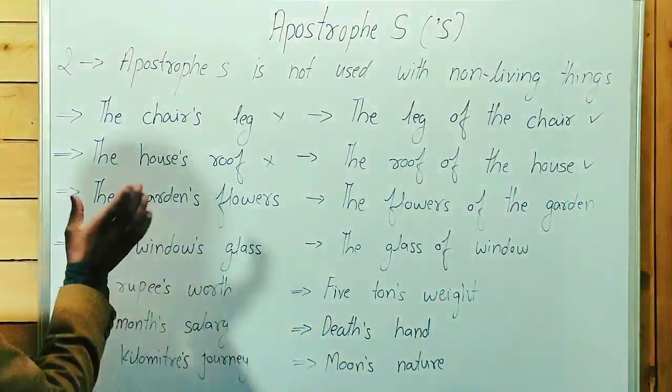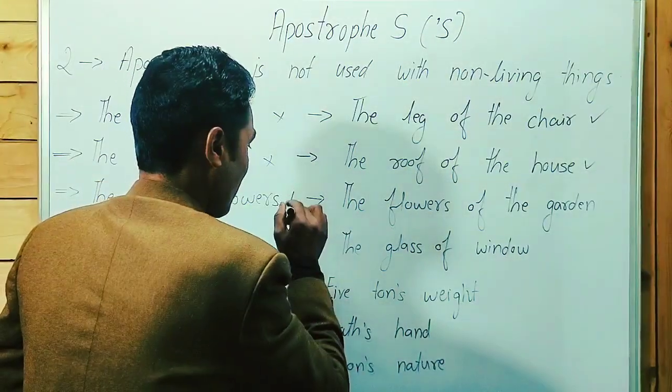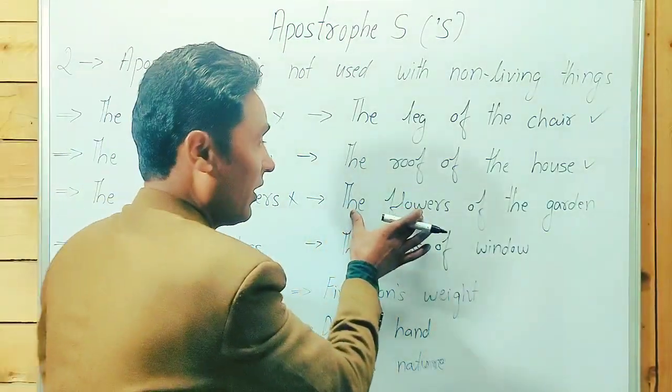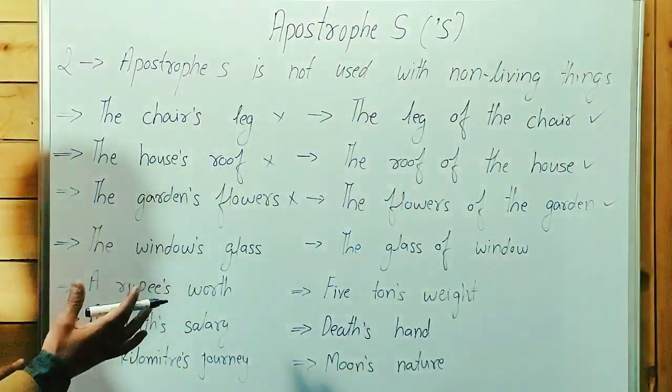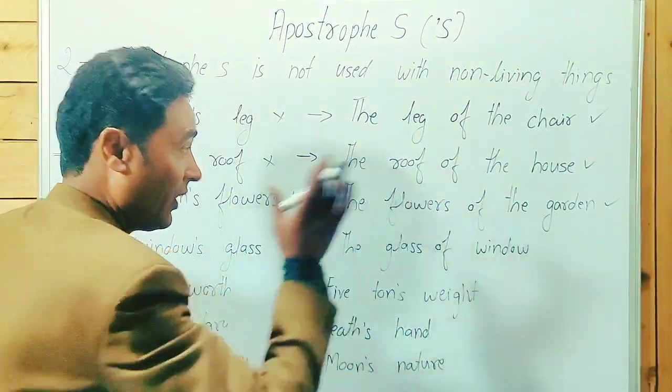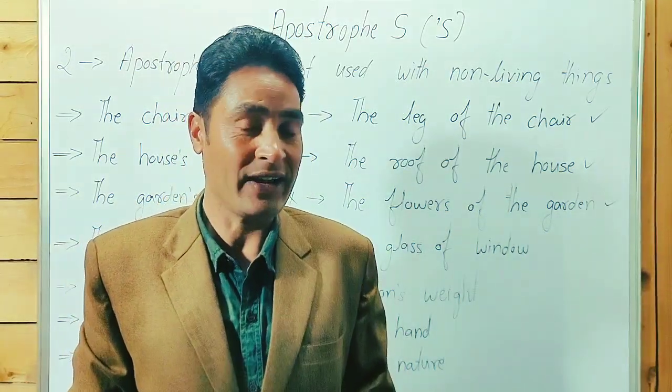Guys, point to be noted. The garden's flower is an incorrect phrase. The flowers of the garden, correct. We have to write the flowers of the garden. Guys, point to be noted. I know most of you are students over here.